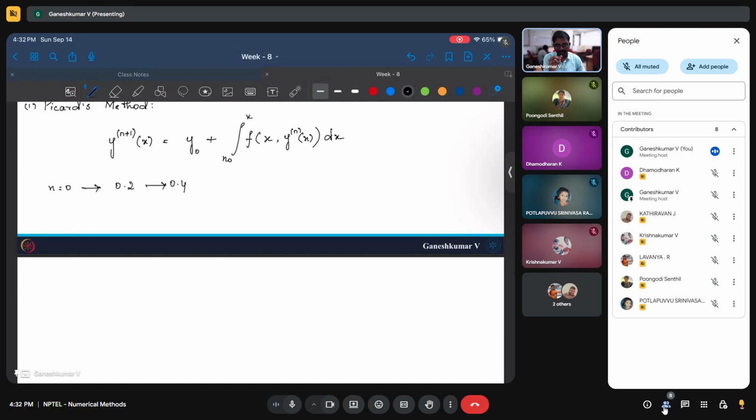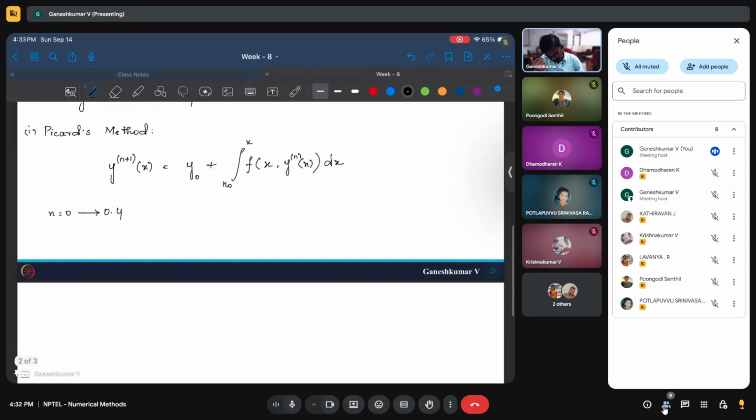So I'm going to take a shortcut: just for Picard's method, I'll take the step size to be 0.4 and evaluate directly from 0 to 0.4. I will leave 0 to 0.2 and 0.4 up to you; do it in your free time and see how the answers differ. Let's first solve this so you get an idea what is going on.